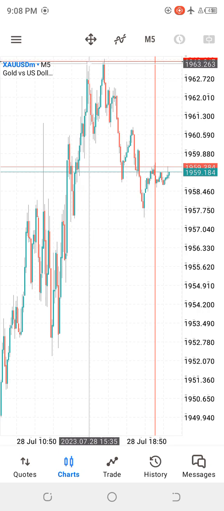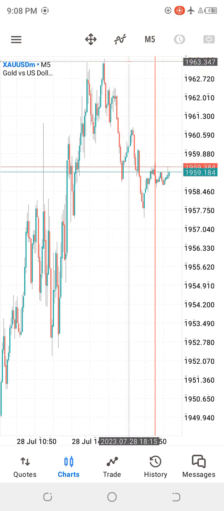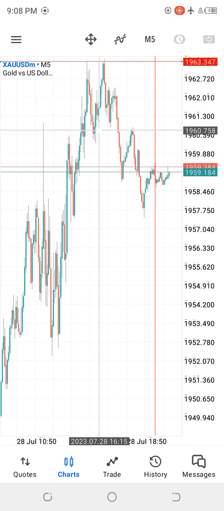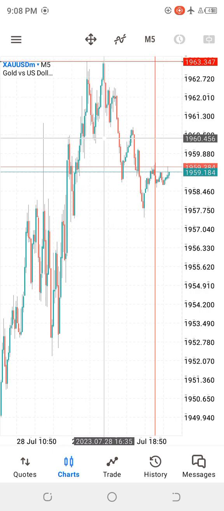That is a liquidity sweep. As long as this high went higher than this other one, then this high has taken liquidity from this other high. Then market broke to the downside, broke the low that broke the high.